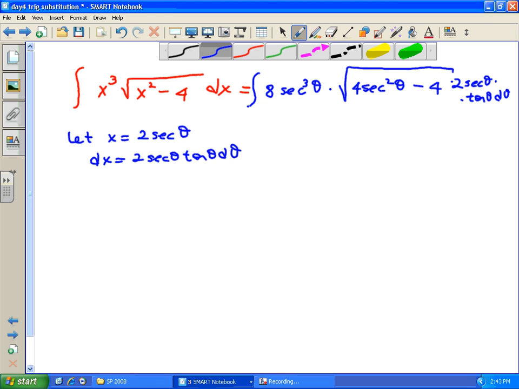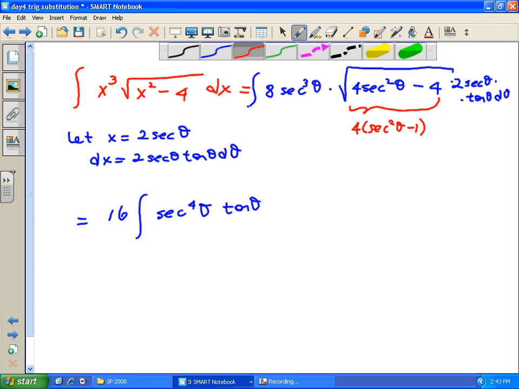Okay, simplifying all of that. First, I will factor out the constants together as 16 times integral of, okay, I see a secant cube up there, then I see a secant, so I'm going to combine them as secant to the 4th theta. Then I see a tangent theta up there, and under the radical, if we simplify that, factor out the 4, we get something like 4 times secant squared minus 1.